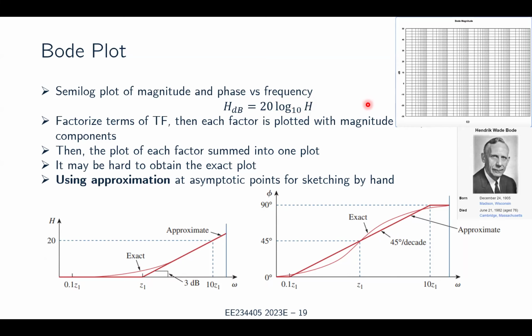So how we do this is we factorize terms of the transfer function, then each factor is plotted with magnitude and phase components. I think I covered this with this semi-log plot. So yeah, by the way, this is the semi-log plot. So it's a plot not in the linear axis, but in the logarithmic axis.